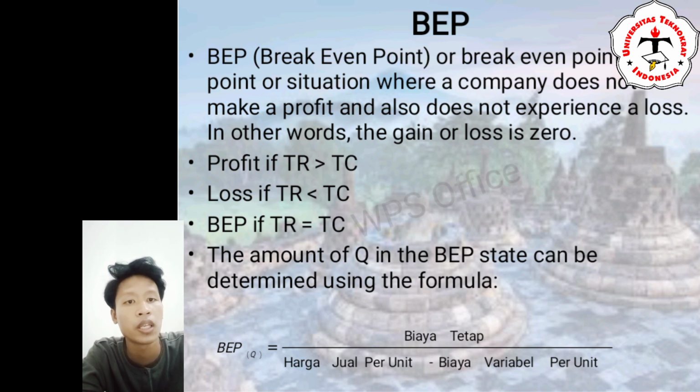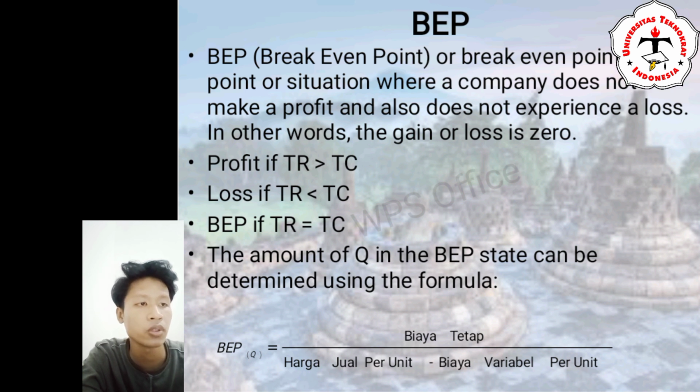BEP or break-even point, a situation where a company does not make a profit and also does not experience a loss. In other words, the gain or loss is zero. Profit if TR is more than TC, loss if TR is less than TC, and break-even point if TR equals TC.